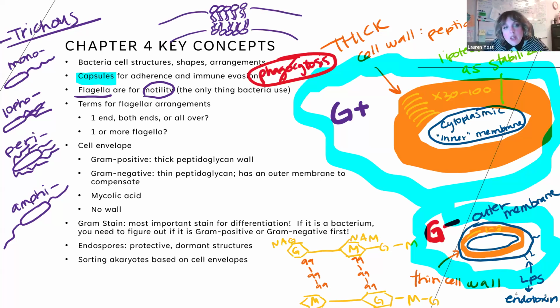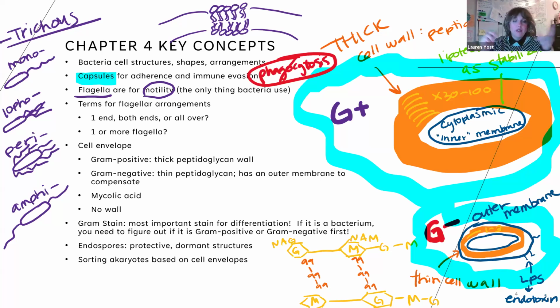So bacteria and eukaryotes have a phospholipid bilayer. Archaea have a weird hydrocarbon structure that you don't need to worry about, but it's not phospholipids, okay? So it's just weirder. It's not the same structure. So all cells have a cytoplasmic membrane.